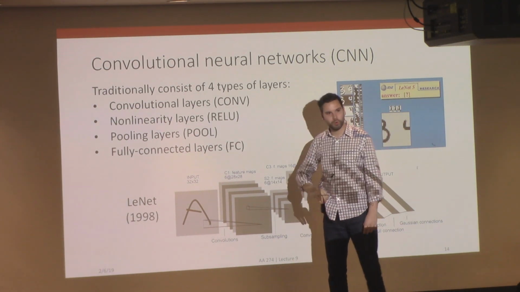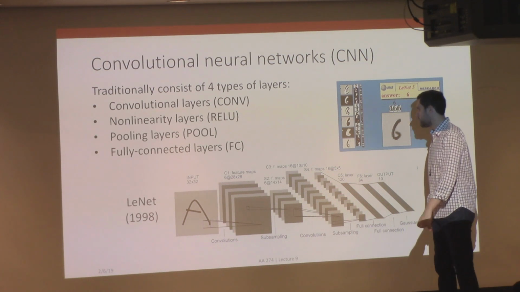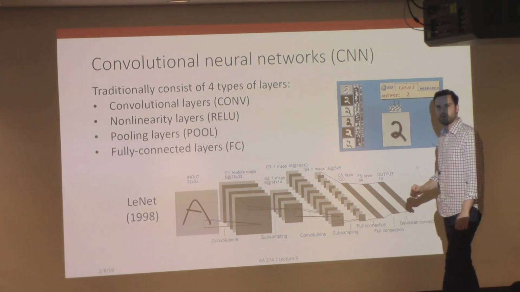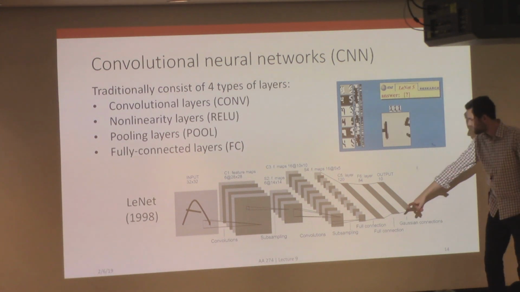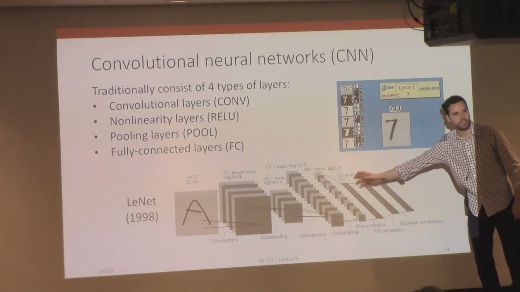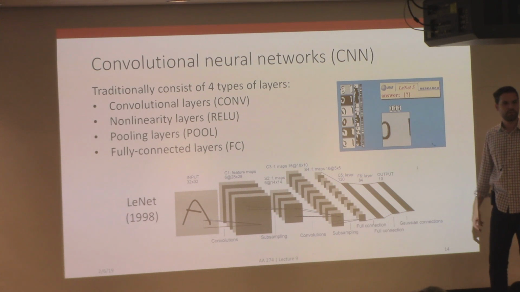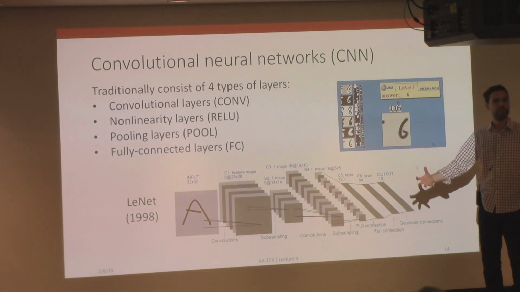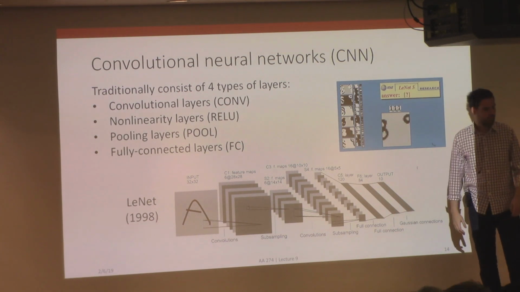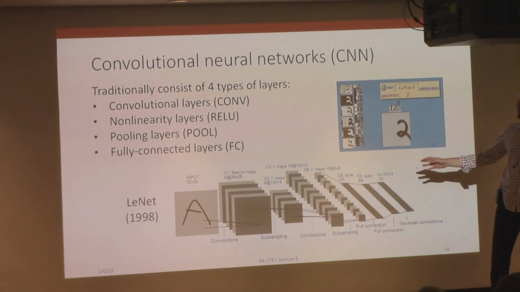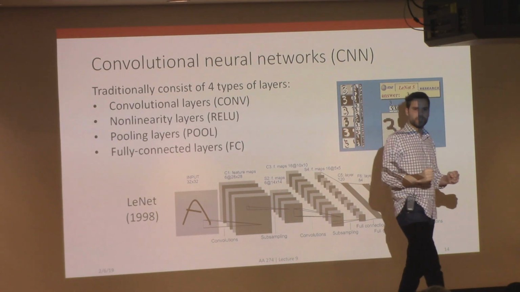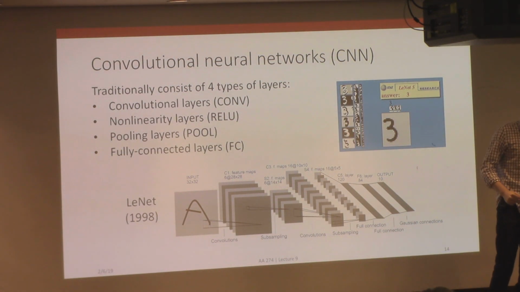Then usually you have some pooling layers. We'll talk about what those mean. After all of this, we have our multi-layer perceptron at the very end, which takes this interesting representation and gives us our classification. So what we learned was not for nothing. They are still being used, usually right at the end. Let's actually talk about each of these layers, specifically conv and pool. These are the two interesting parts of a convolutional neural network.